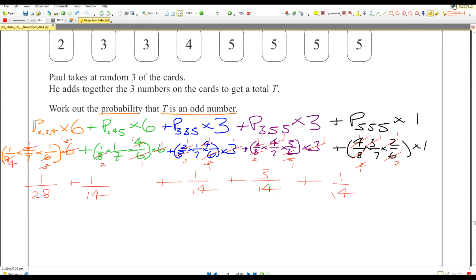Okay, all the fractions are in terms of 14s and 28s, and we can quite easily make them equivalent by multiplying these fractions by 2, top and bottom, to make them equivalent to 28s.